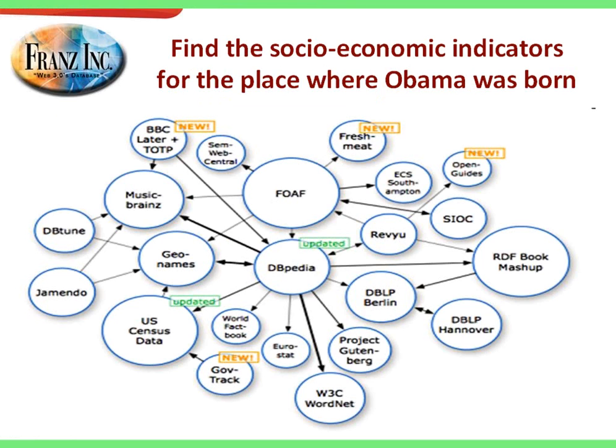Then most people in the semantic web have seen this picture where you take all kinds of public available data sets, put them in SPARQL endpoints, and then do interesting queries against them.